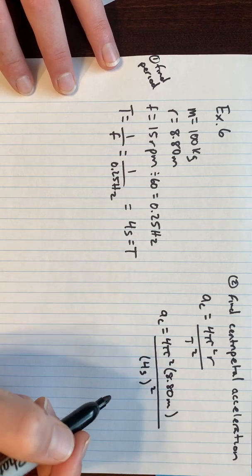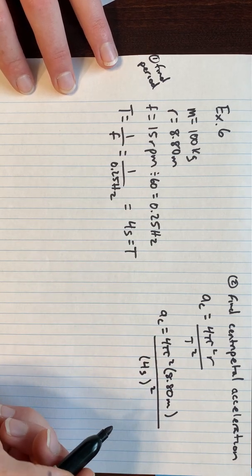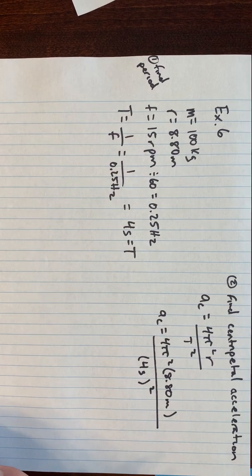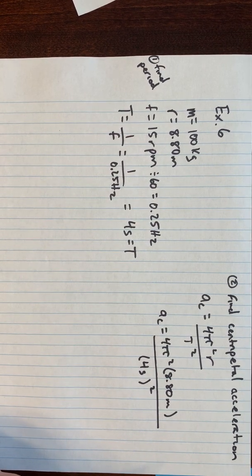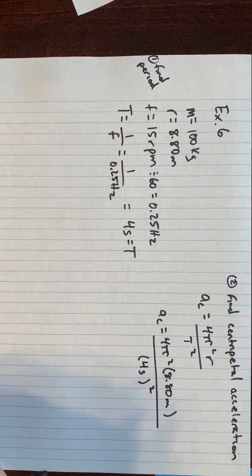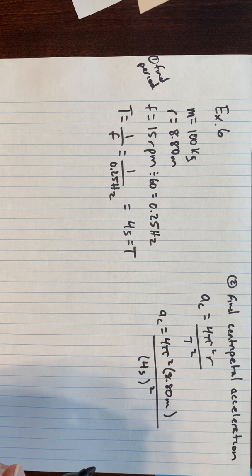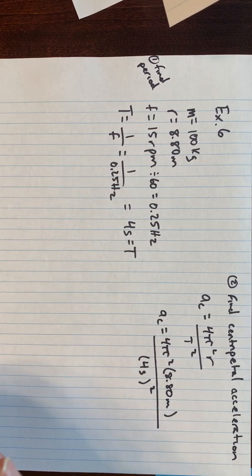Isn't it 4 pi r squared? No, no, it is 4 pi squared times r over t squared. But last question we did it 4 pi r squared. Last, like on example 5, Micah.